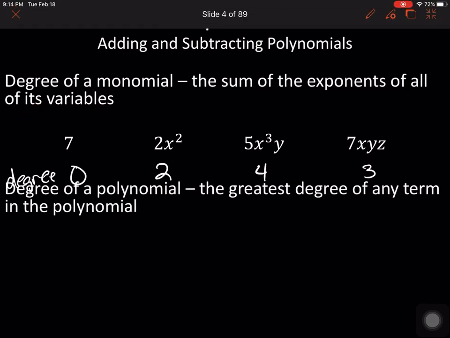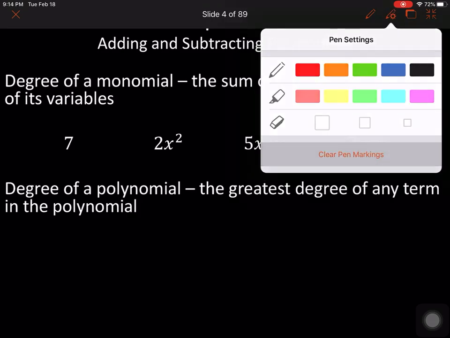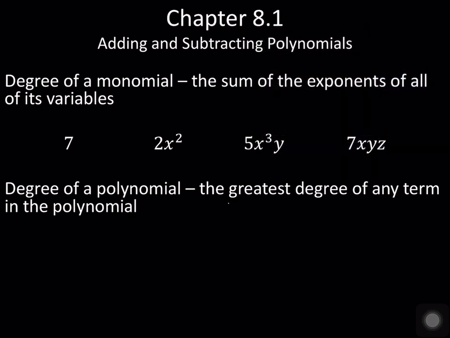So the degree of a polynomial is going to be the greatest degree of any of the terms in the polynomial. So here we go. Here's a polynomial. We've got 1, 2, 3 terms. So it's a trinomial, but it's a polynomial. So the degree of this term is 2, sum of those exponents. The degree of this term is 3, and the degree of our 9 is 0.